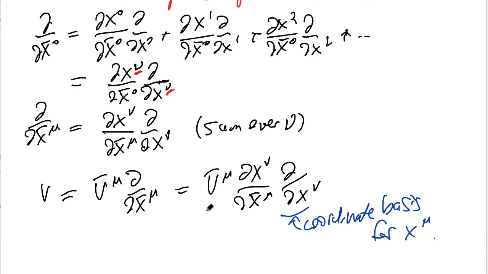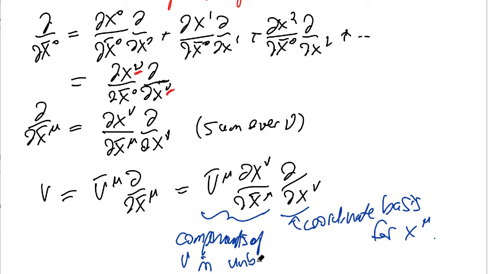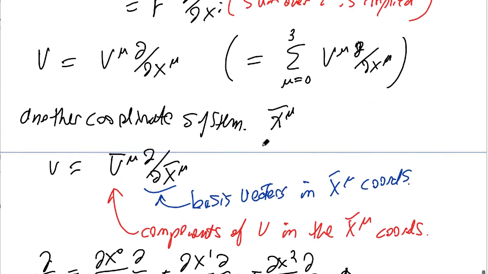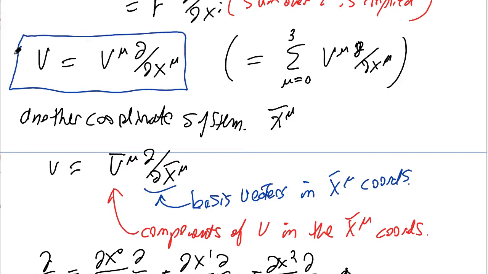And the coefficients are the components of v in this basis. So the components of v in the unbarred coordinate basis. All right, but that, of course, is what we had written down up here.